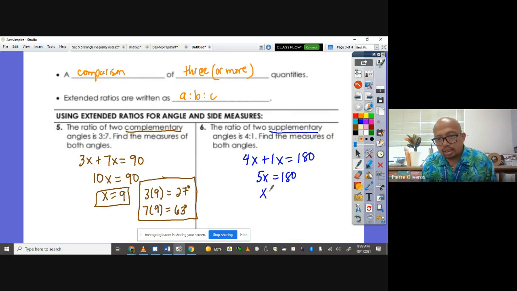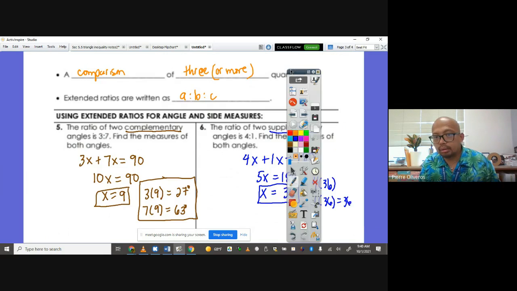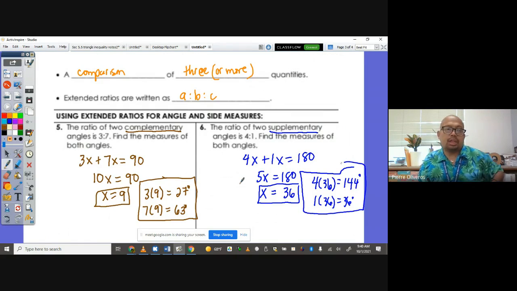Divided by 5, x equals, what's 180 divided by 5? 36. So therefore, the angles are 4 times 36 and 1 times 36. So we know one is 36, and the other one will be 144 degrees. And those are the angles.